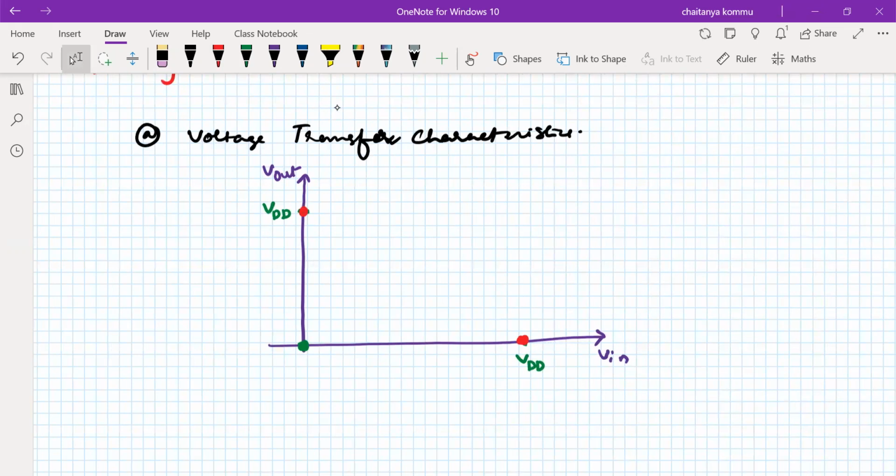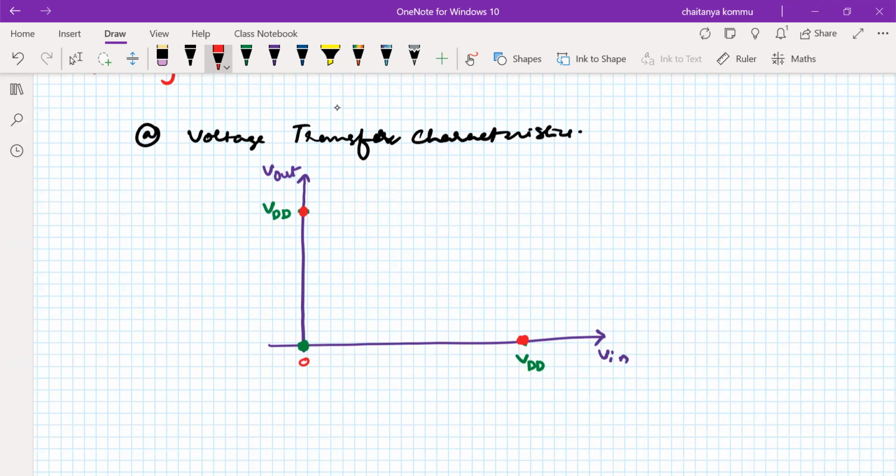Vout is equal to 0. Agreed? So when VIN is equal to 0, we got VDD, and when VIN is equal to VDD, Vout is equal to 0.